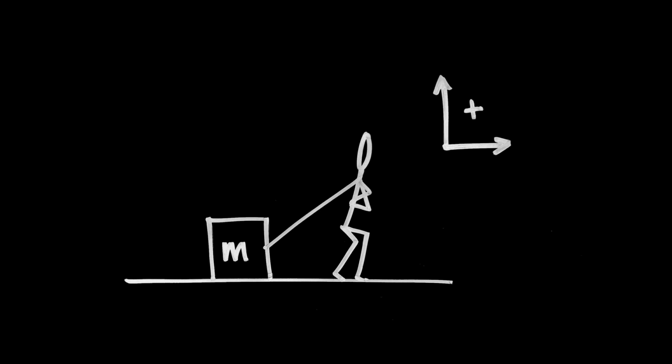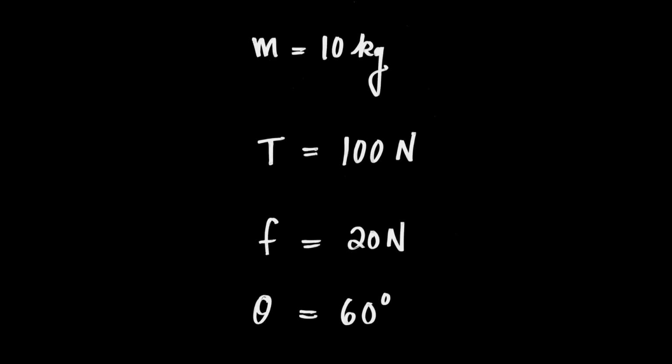But let me specify here some quantities for the start of my problem solution. Let's say that the mass of the crate is 10 kilograms, and hopefully I'll choose numbers that simplify my calculation. See what happens. So let's say the mass of the crate is 10 kilograms, and that Slim is capable of pulling with a tension force that is equal to 100 newtons.